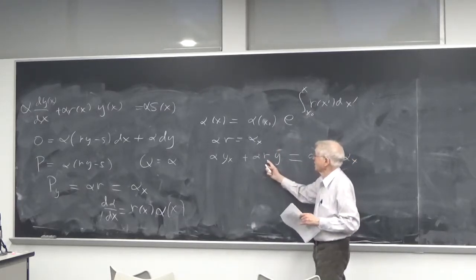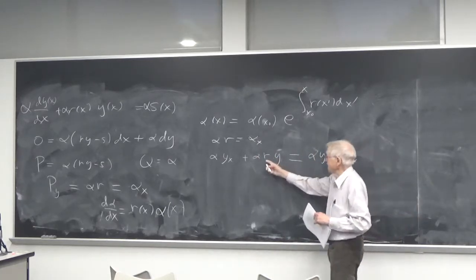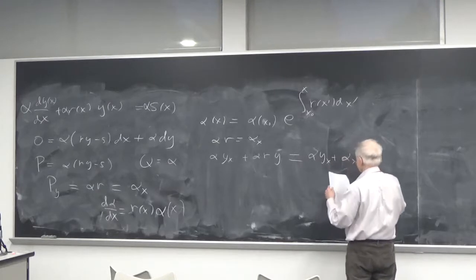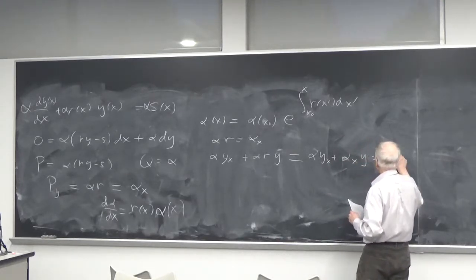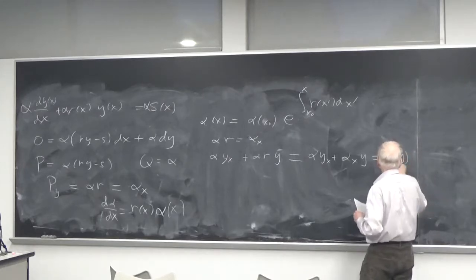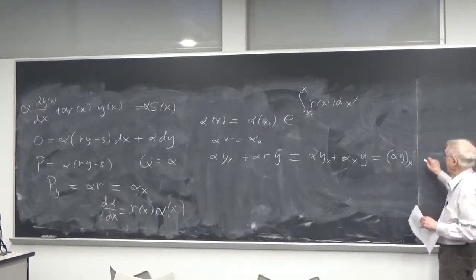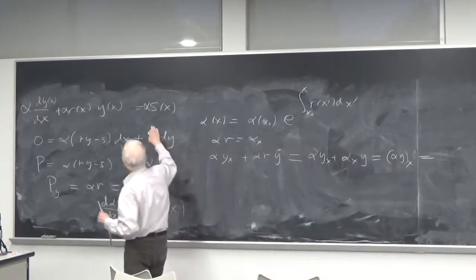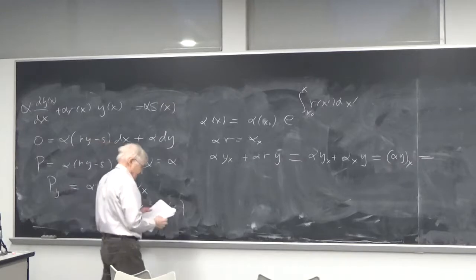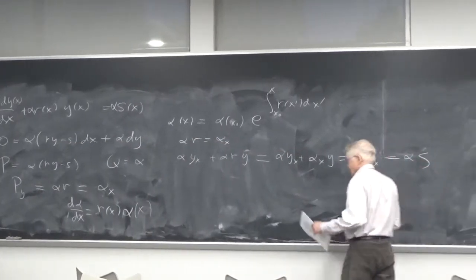Alpha r, of course, is the x derivative of alpha. So this thing is alpha, the x derivative of alpha times y. And that is just the x derivative of alpha y, and that is equal to alpha s.